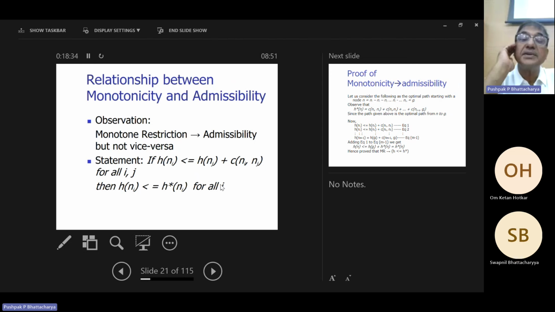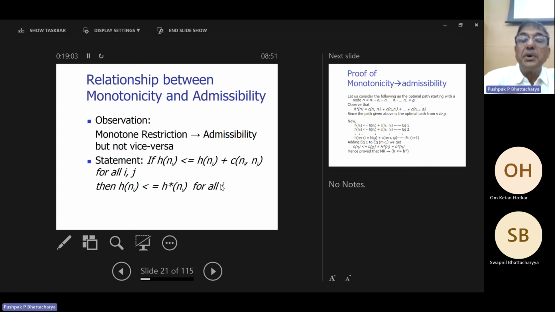Now, there's an interesting relationship between monotonicity and admissibility. If a heuristic satisfies the monotone restriction, then that heuristic must be admissible. But the opposite is not true. So if a heuristic satisfies the monotone restriction, the H value must be less than or equal to H star. The algorithm automatically becomes the A star algorithm.